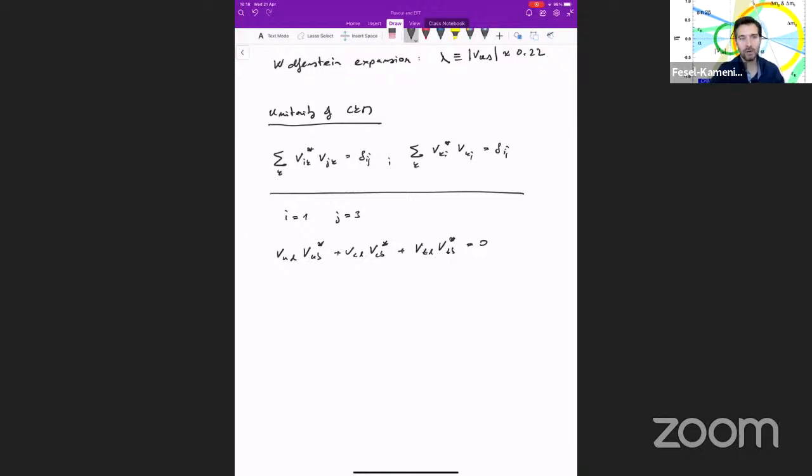And only when we go completely off diagonal, we can arrange these terms such that all three of them are of the same order.